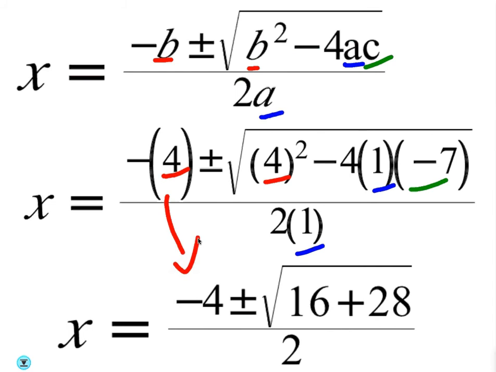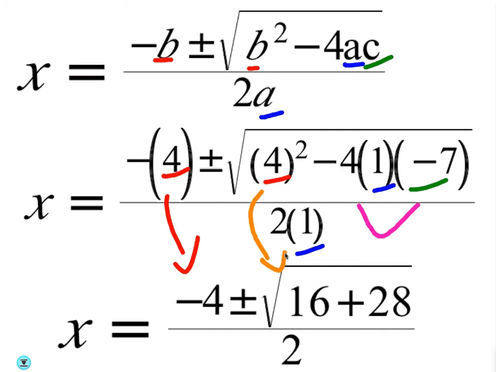And then inside the radical, we have minus 4 times 1 times negative 7. We have two negatives, which make a positive 28. And then the 4 squared is 16. So I'm just working it within the radical first. In other words, you apply the exponent and then you multiply before you add.